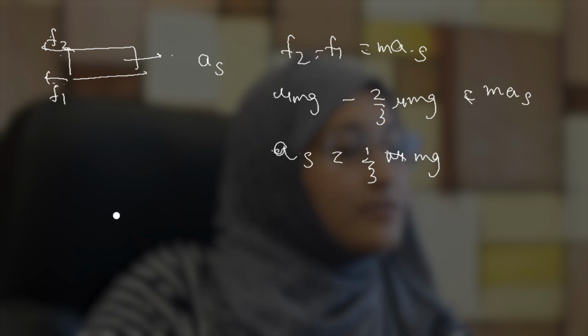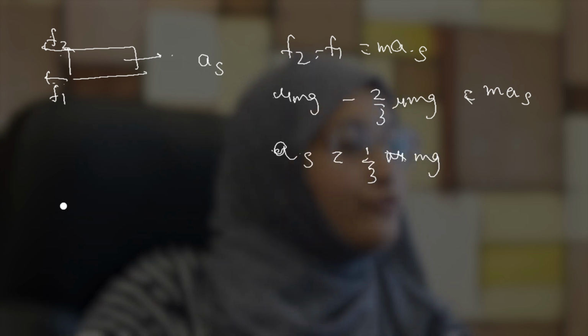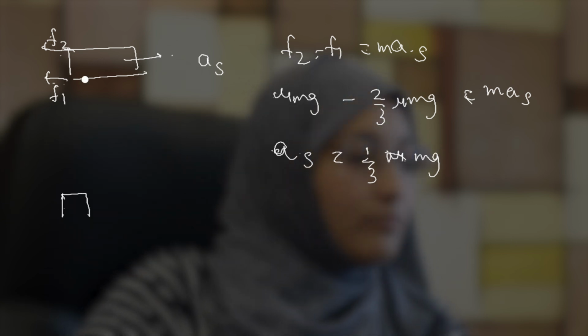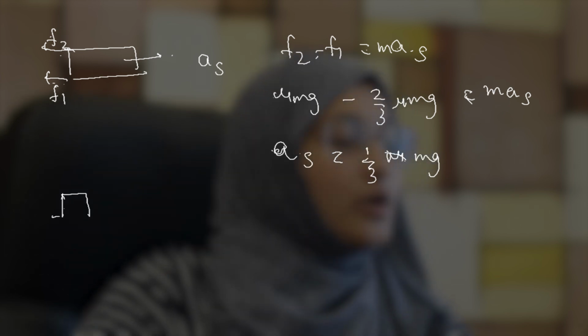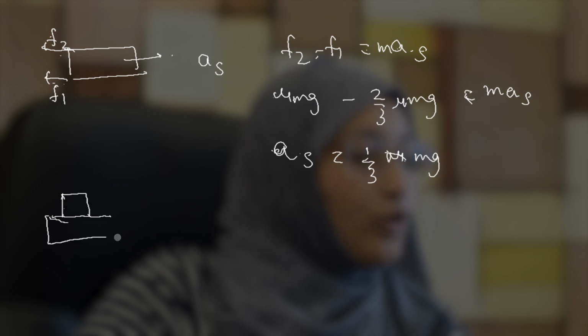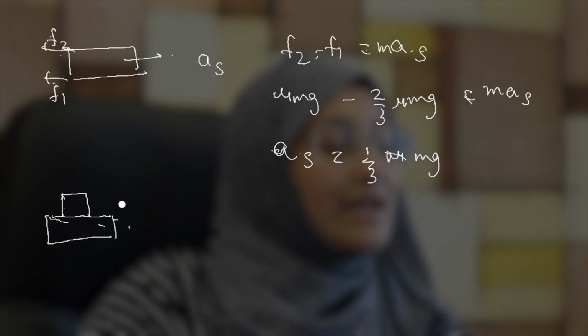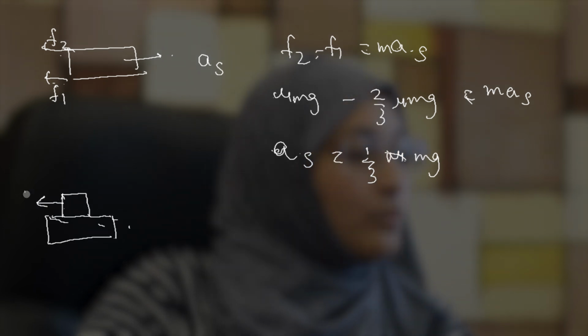Okay, so this is the acceleration for the slab, but we need to find out the acceleration for the small block. This slab was the lower block, so we need to find the acceleration for the small block. Since this slab is below the smaller block and it is accelerating, it is an accelerating frame. So for that we need to apply a pseudo force in the backward direction.